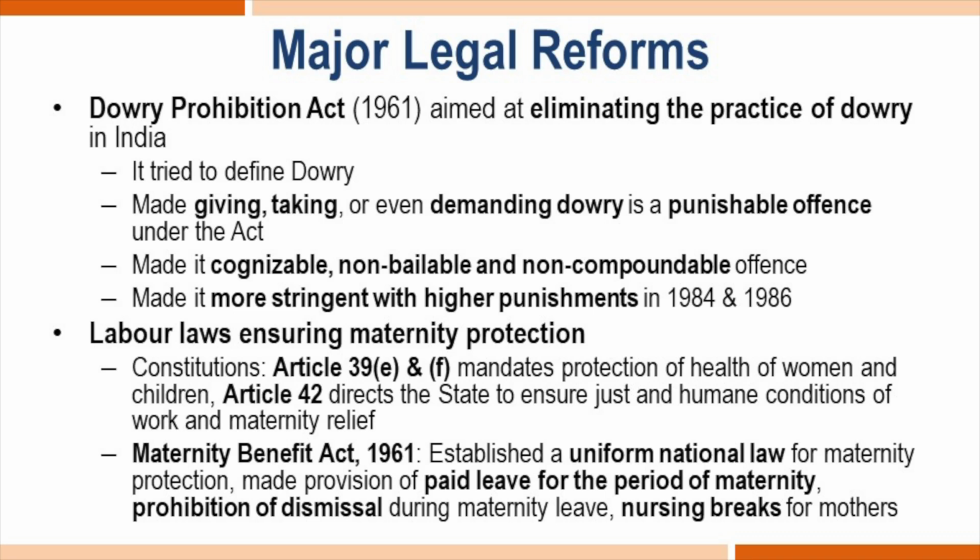And drawing from these articles in the Constitution, we made provisions in 1961 in the Maternity Benefit Act, a uniform national law for maternity implementable in all states, which made protection for women during the period of maternity, and we provided paid leave for the period of maternity. It prohibited dismissal during the maternity leave, and it even allowed nursing breaks for working mothers.